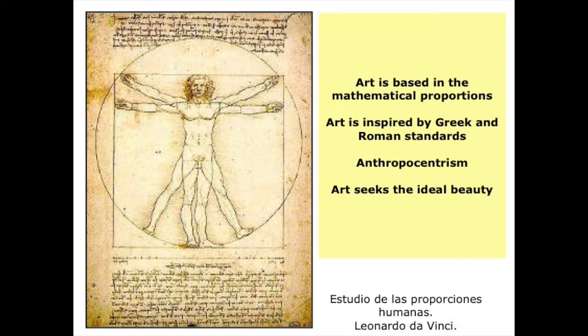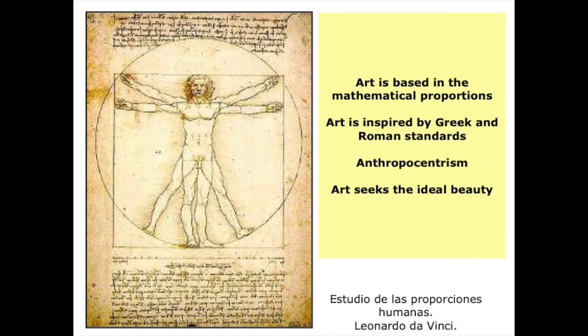Yes? So you remember the seeking of beauty, ideal beauty based on mathematical proportions, the golden ratio, human proportions, anthropocentrism. You remember the human beings are the center, the most important, because of our capacity to think in a reasonable way, to think in a scientific way.